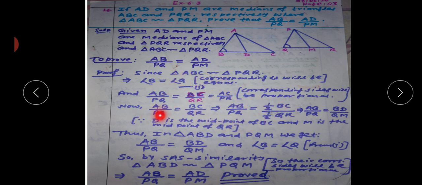Now AB upon PQ is equal to BC upon QR. This implies that AB upon PQ is equal to, multiplying the numerator and denominator of the RHS, that is BC and QR, by half. If we multiply the numerator and denominator by the same number, then there will be no change in the ratio.